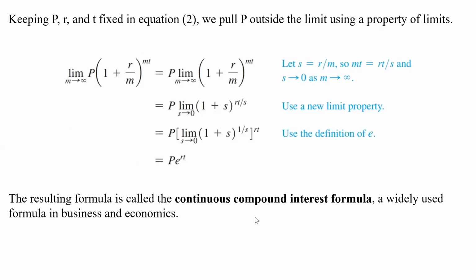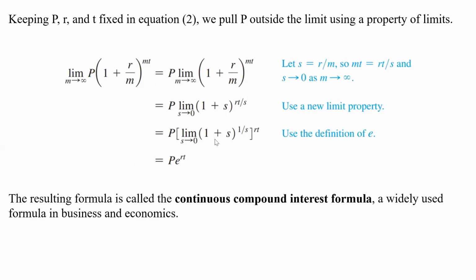Now, if we keep P, R, and T fixed in equation 2, and we pull P outside the limit using properties of limits, we get the limit as m approaches infinity of P(1 + R/M)^(MT). And guess what?